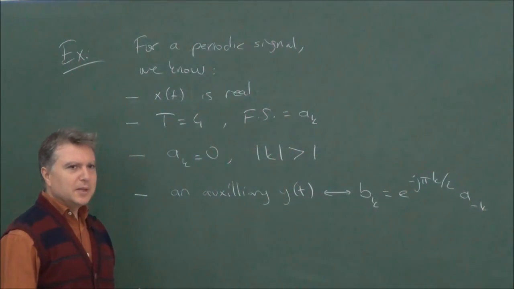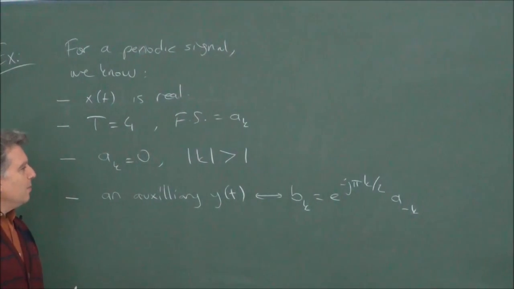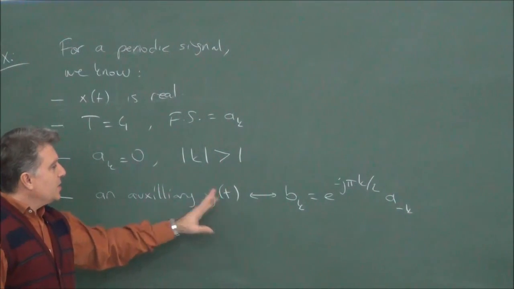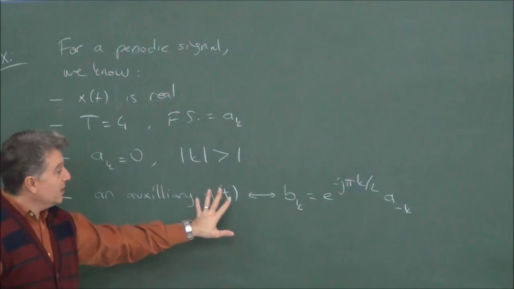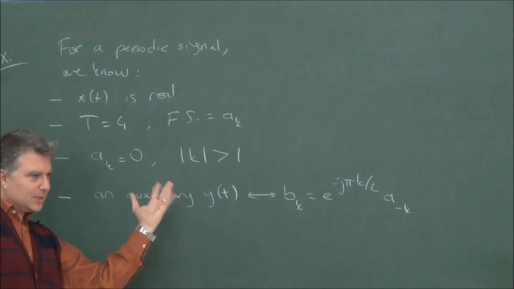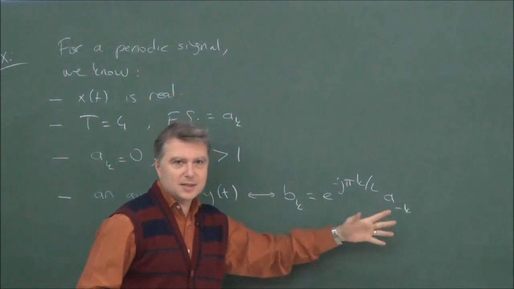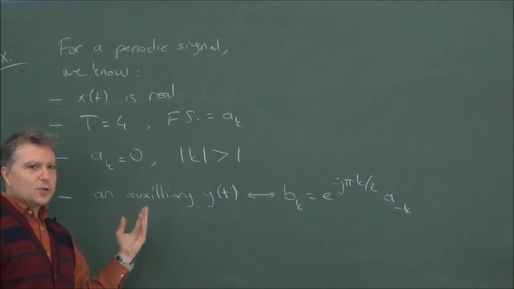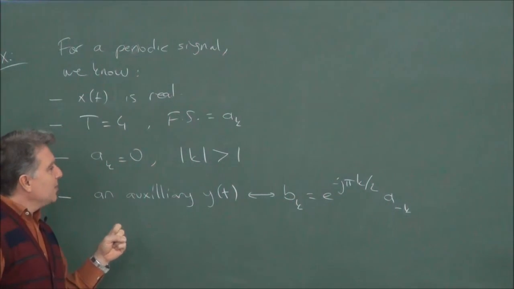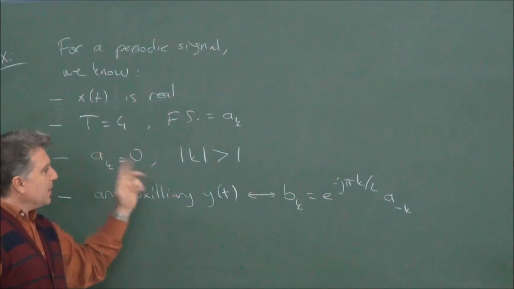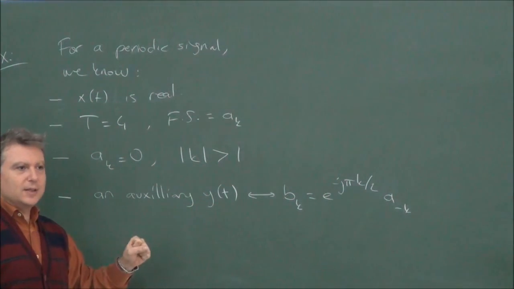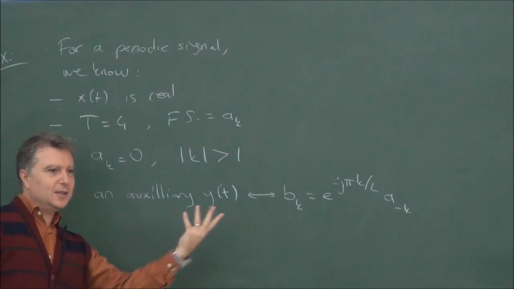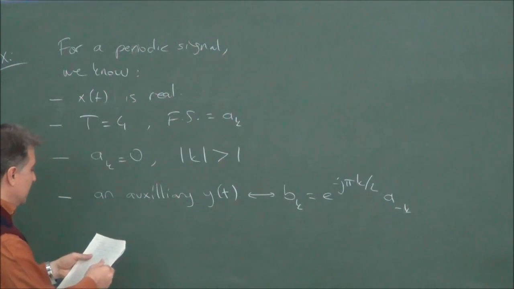Now what does that mean? It means that y is a time inverted, because bk is equal to minus a minus k from there, and shifted version of x. So we are unable to observe x, but we are able to observe a y of t, which is reflected and shifted for some reason.